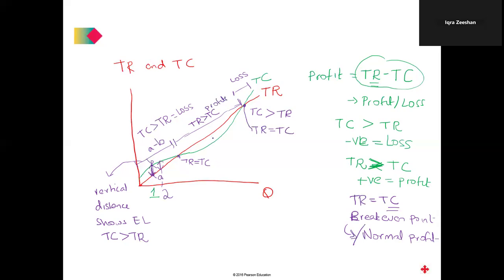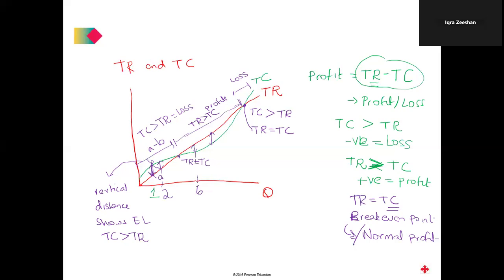So the vertical distance over here, for example, the total revenue point is lying above the total cost point. Or we can do this one over here. So let's say this is production level 6. At production level 6, the total revenue point is lying above the total cost point. That means when total revenues are greater than total cost, we get profit.